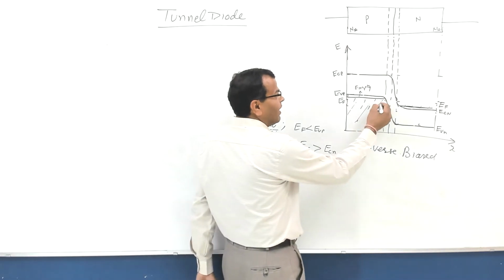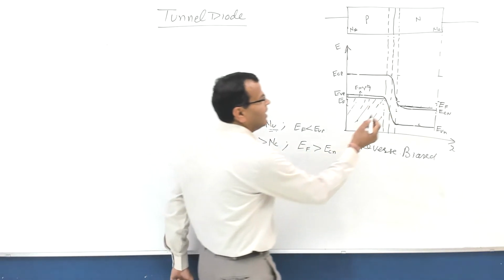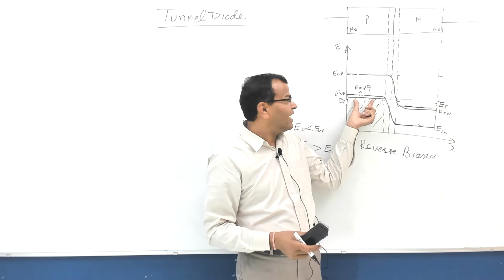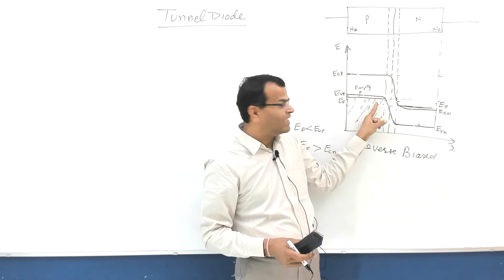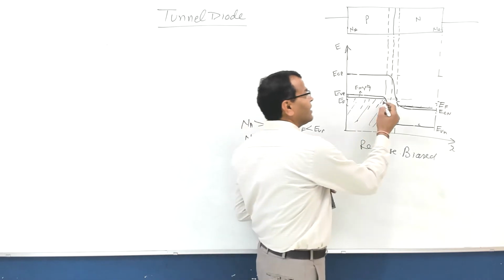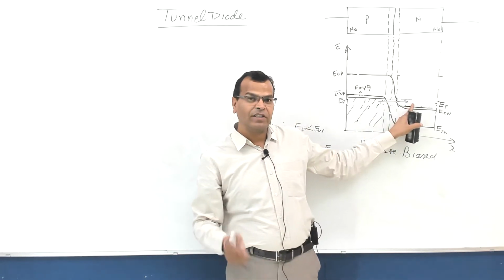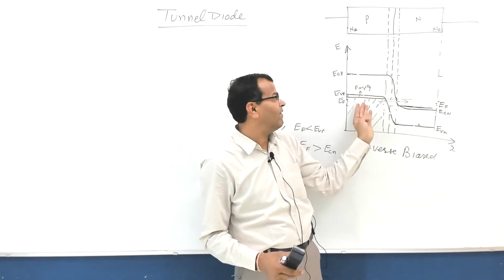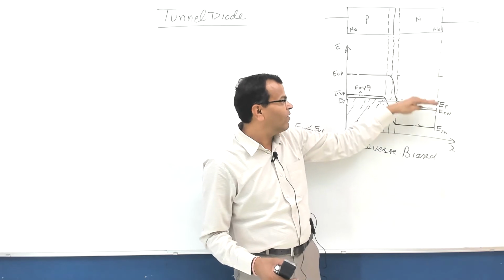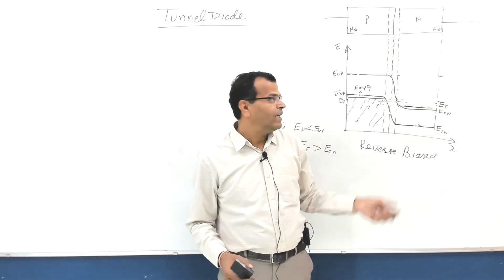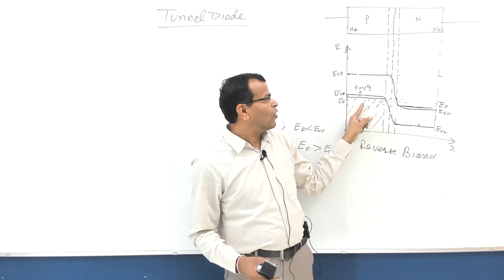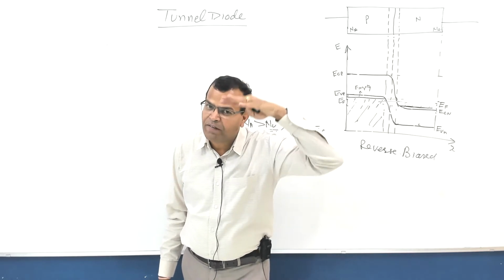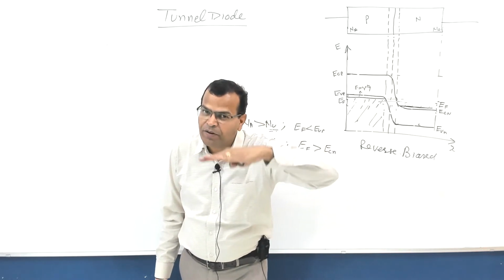When it is in the degenerate state, please understand the concept. I have filled energy states on the P side, and at the same level I have empty energy states on the N side. Because of this shifting of the Fermi level upward on the P side and downward on the N side, remember, in the degenerate state all the energy states below the Fermi level are occupied and all the energy states above the Fermi level are empty.